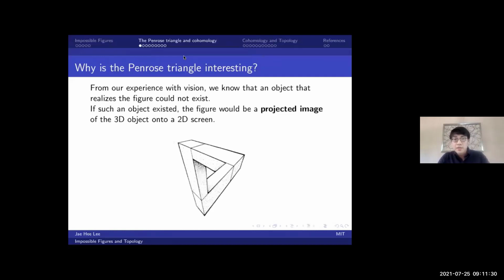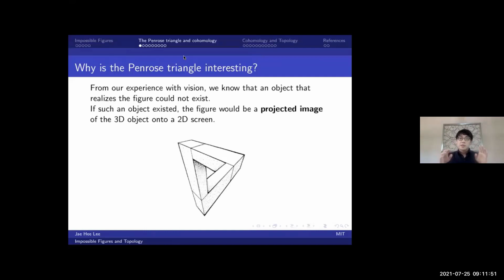So the key is that if such an object existed, if there was a 3-dimensional object that the Penrose triangle is depicting, then this 2-dimensional picture of the Penrose triangle would be a projected image of a 3-dimensional object onto our 2-dimensional screen.